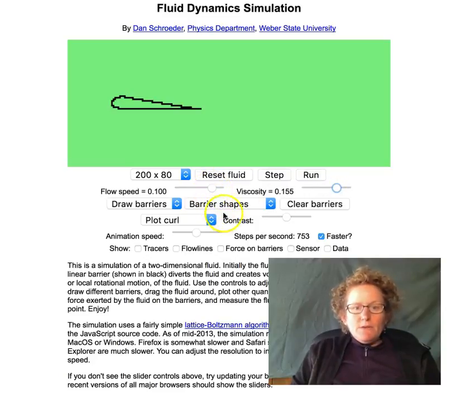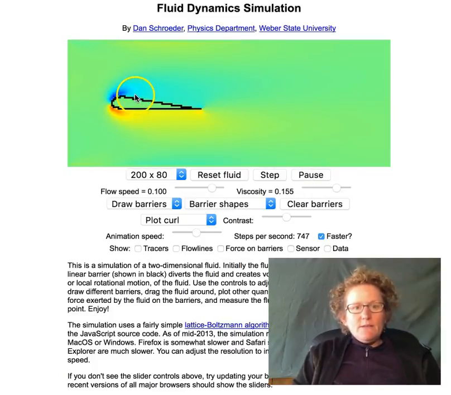And let's keep the flow speed the same because we're doing an experiment. We only want to change one thing. And let's run it again. So we increased the viscosity quite a bit. You can see it looks like everything's slowing down here. It looks like there's not even a whole lot of flow back here. Let's pause it for a second.